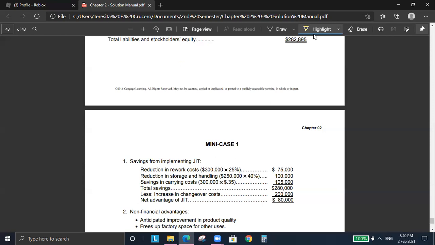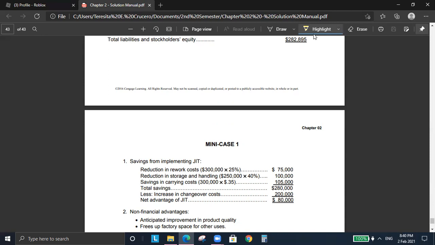Okay, now let's take up mini case number 1, financial and non-financial aspects of changing to JIT. IntelliTalk manufactures smartphones. It's considering the implementation of a JIT system. Cost to reconfigure the production line will amount to $200,000 annually. Estimated benefits from the change to JIT are as follows.